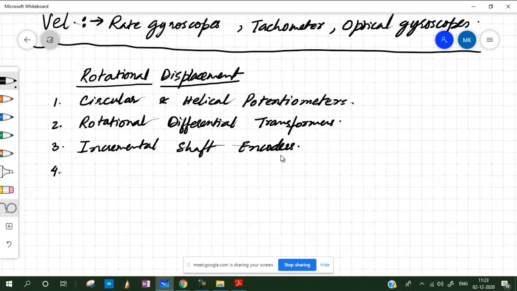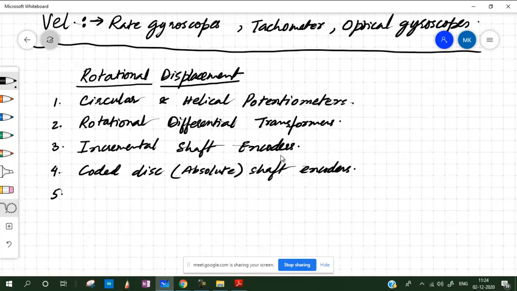Then we have the coded disc. Then we have the resolver, the synchro, and the induction potentiometer.